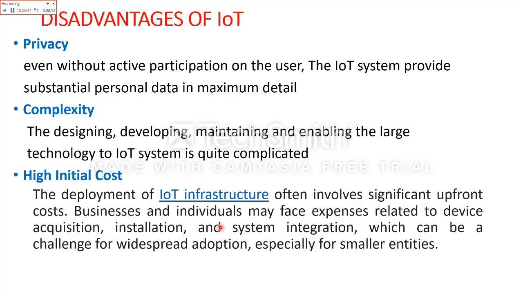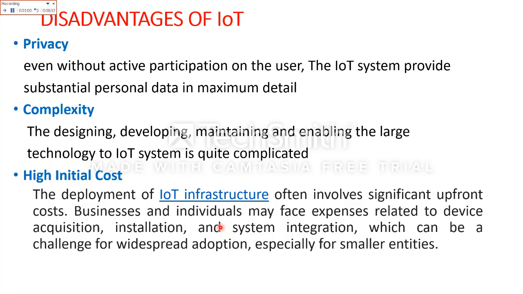Complexity: designing, developing, maintaining, and enabling the large technology of IoT systems is quite complicated. So it is not easy to maintain IoT systems, right? Designing and deployment of IoT systems requires an extreme level of technical knowledge.